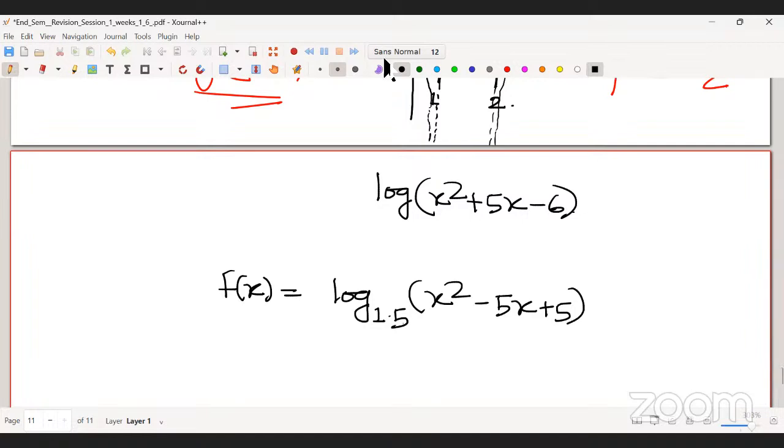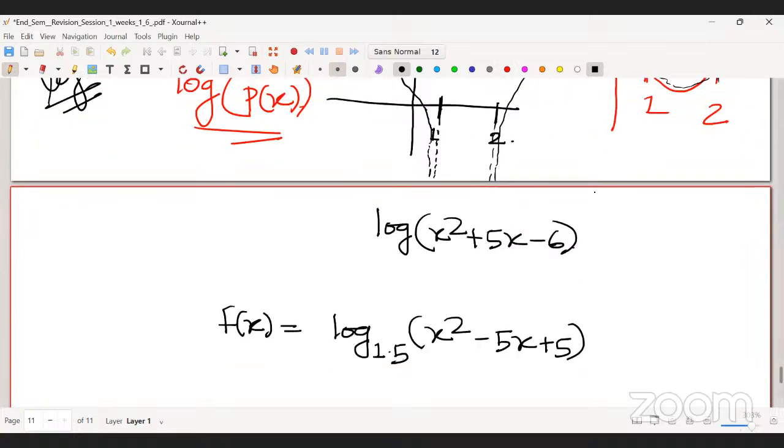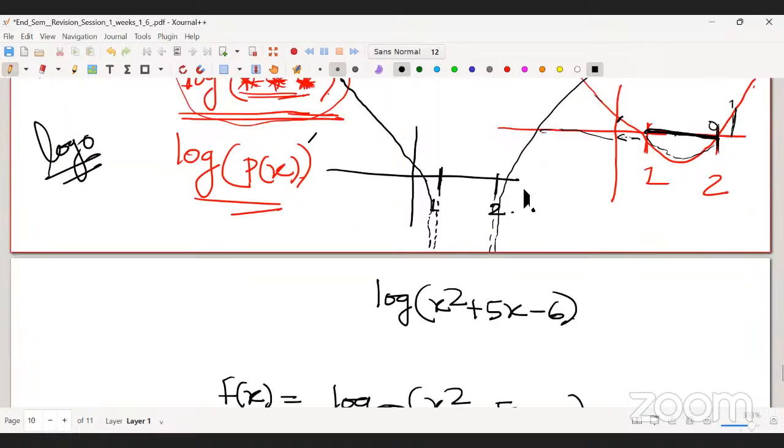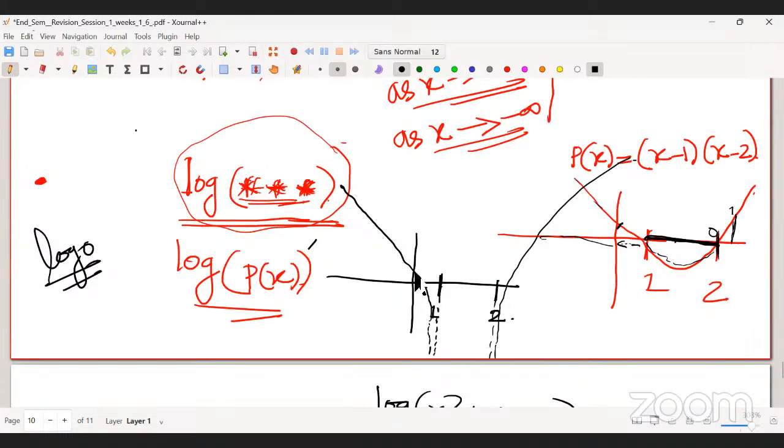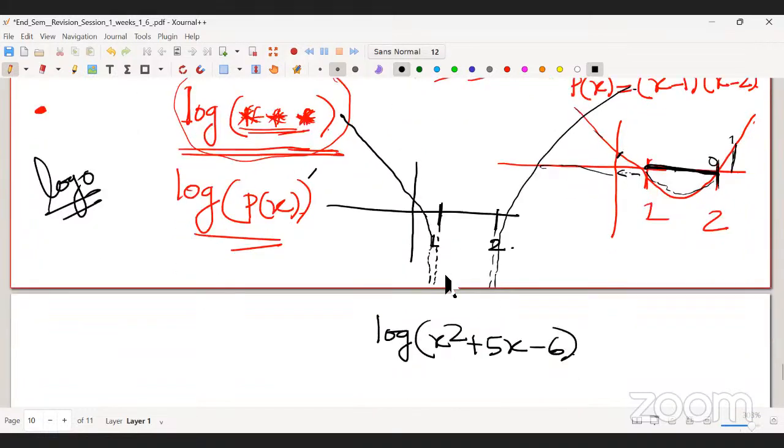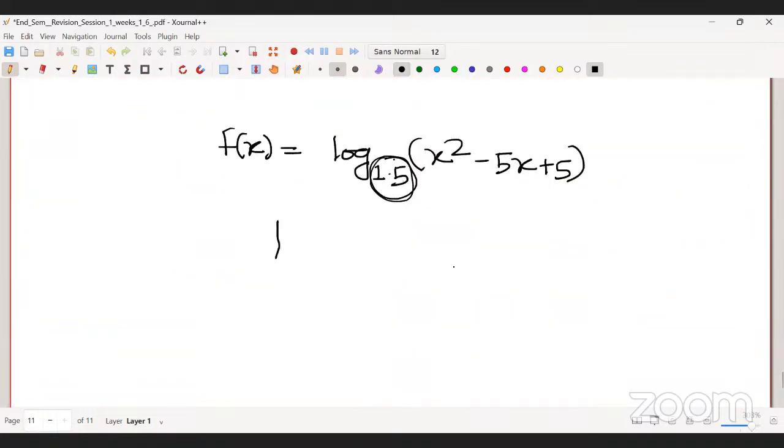Same argument. See, this base is greater than 1, right? So you will get a graph like this. It depends on the base as well. Whatever I have drawn here is for base greater than 1.